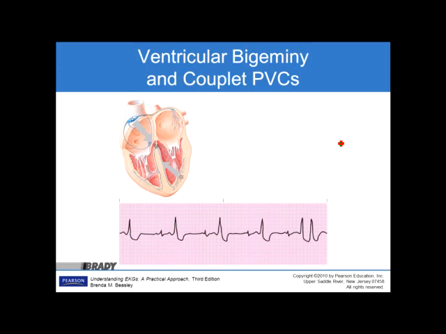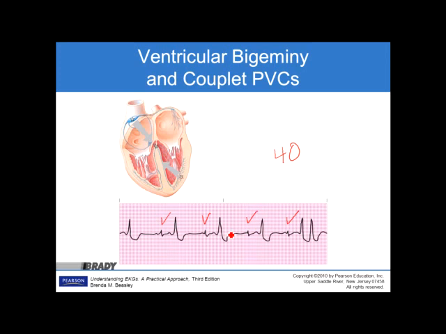This here is ventricular bigeminy with a couplet PVC, and we're going to go through the 5-step process for this. Step 1 is rate. If these PVCs are not perfused, then these here are your only thing that will generate a rate, which, if the PVCs are not perfused, is 40 beats per minute.